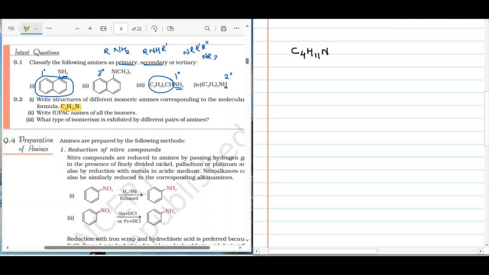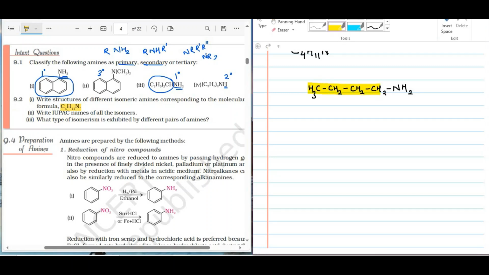Now let's draw the parent hydrocarbon that contains 4 carbons. So this is CH3, single bond CH2, single bond CH2, single bond CH2. Now attach amine to the first position. So here I can write NH2. The longest carbon chain is 4 carbons long, to which the amine functional group is bonded.